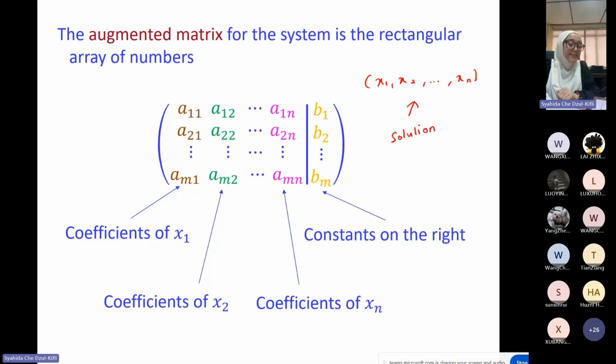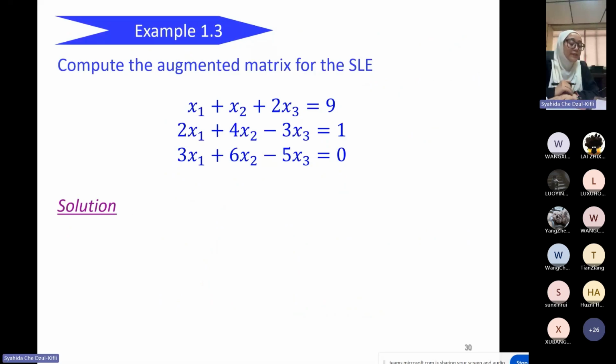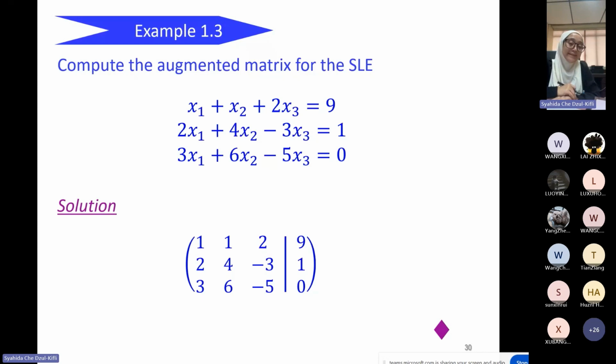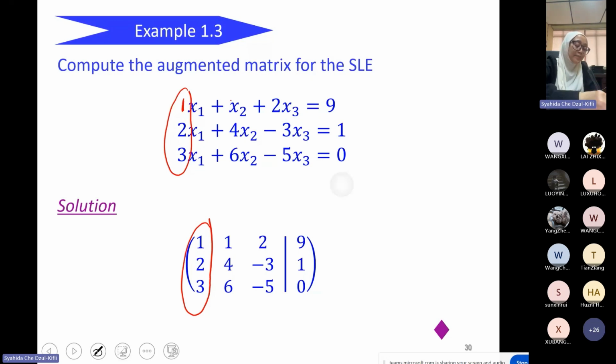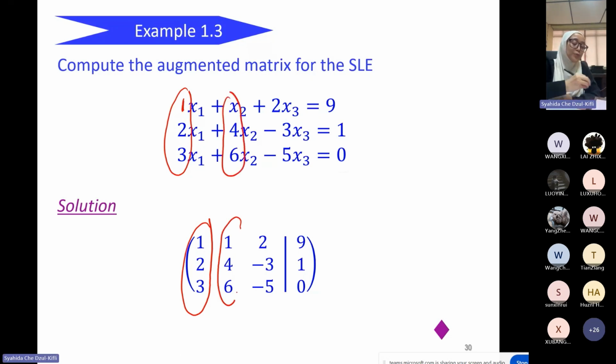So the augmented matrix is clear. For the system of linear equations, here is the augmented matrix, right? The coefficient for x1 is 1, that's why we have 1, 2, 3 as the elements in the first column. And then 1, 4, 6 in the second column, and this is in the third column.